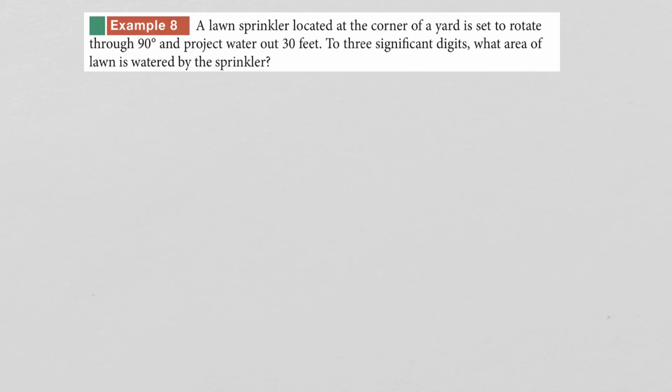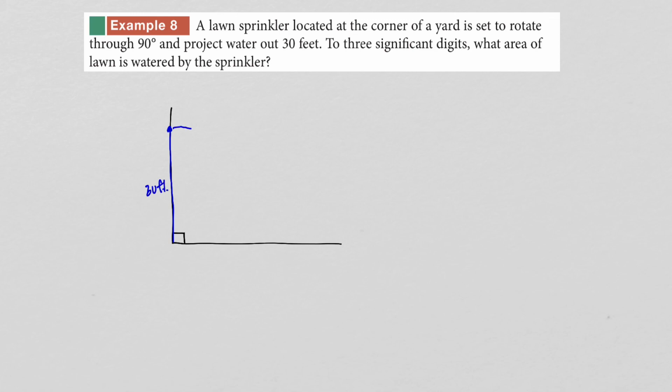In our last example, we are told that a lawn sprinkler located at the corner of a yard is set to rotate through 90 degrees and project water out 30 feet. Okay, so we have a corner of a yard here, which is 90 degrees. They tell us that. And we have a sprinkler spraying water a distance of 30 feet.